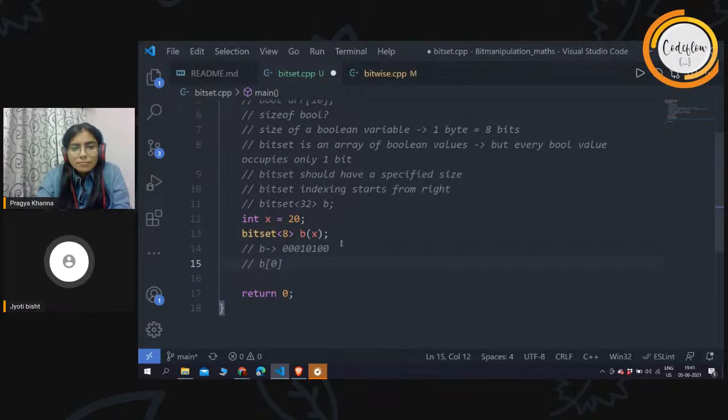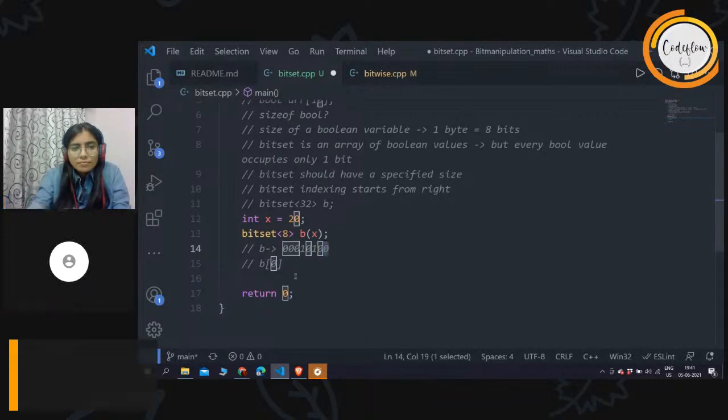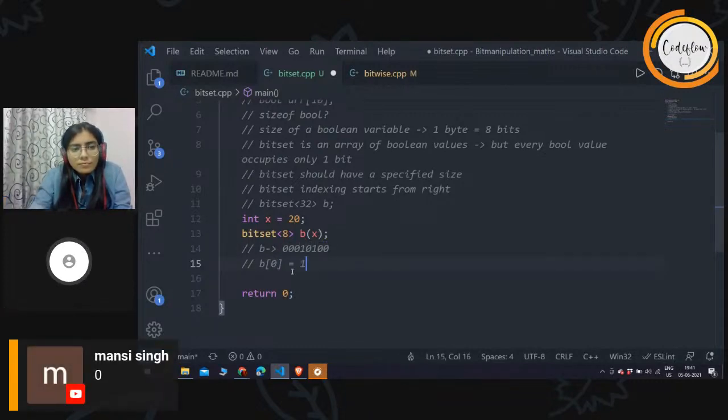We are starting it from this side. So b of 0 is 1. What would be b of 2?